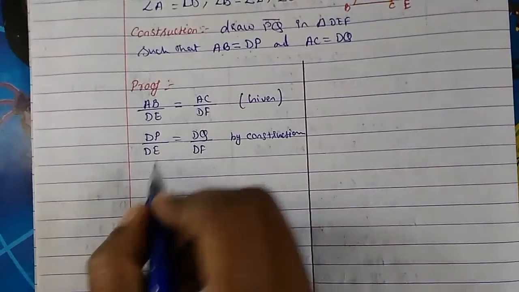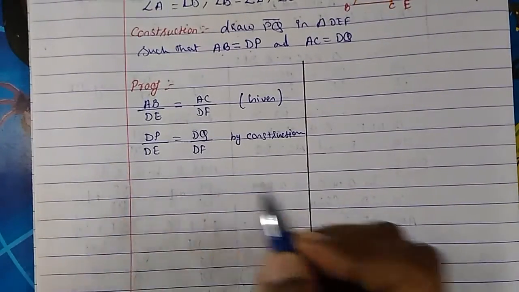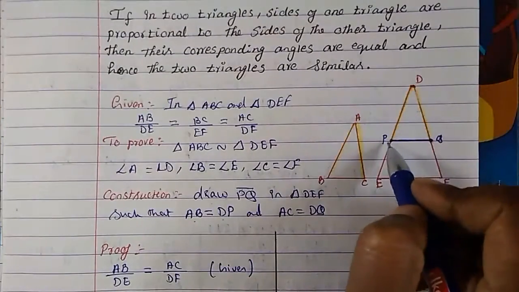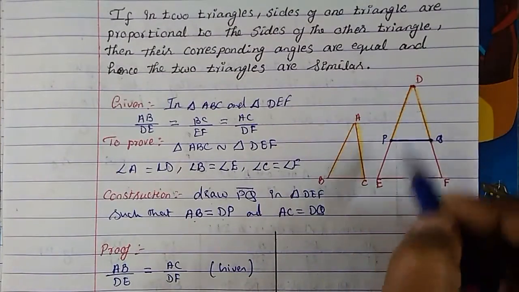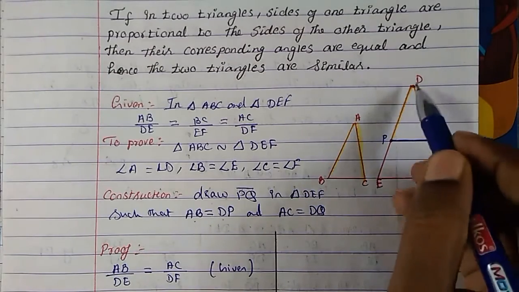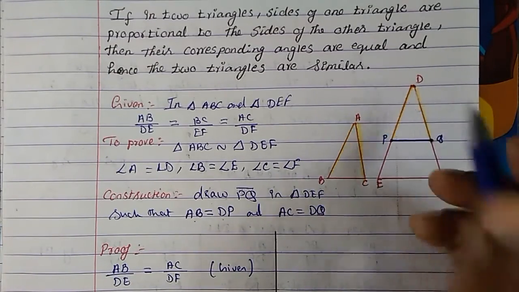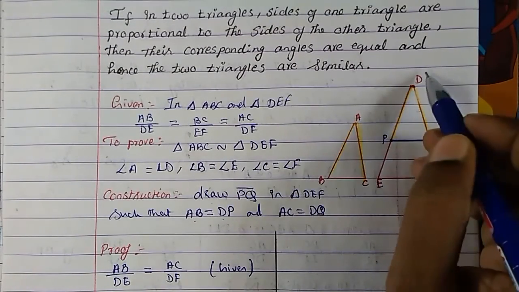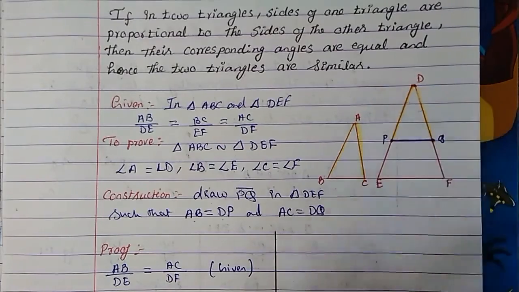Now this DP upon DE is actually a corollary of PPT, which we don't need. Instead, if we have DP plus PE, then we can go for the converse of PPT.